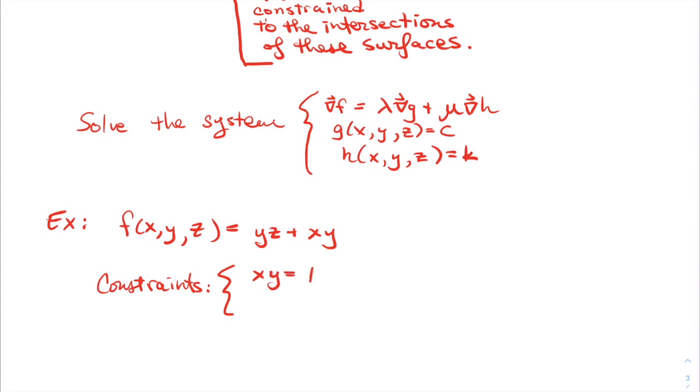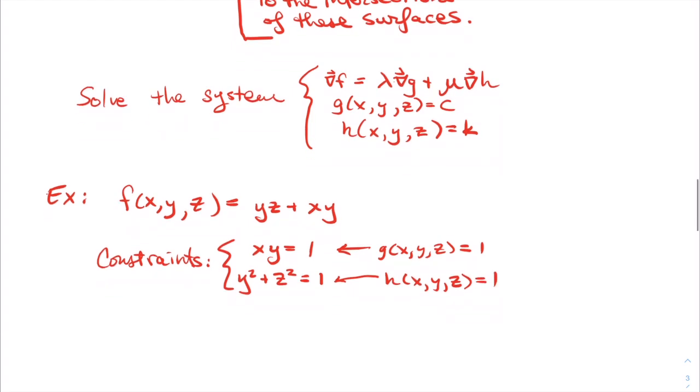And second, that y squared plus z squared has to be 1. So the first surface, xy equals 1, is going to be our g of x, y, z equals 1. And the second one is going to be h of x, y, z equals 1. So those are the constraints. x, y, z has to be a point on both surfaces, so that'll be the intersection of those two surfaces.